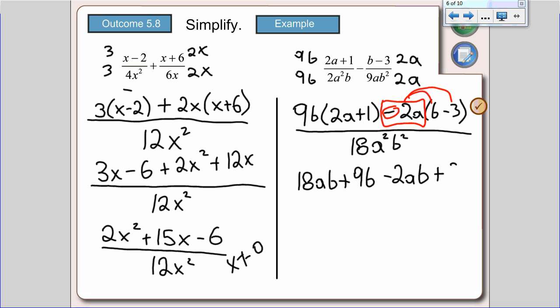The negative has to go with it. That's the only way you can get rid of the brackets. If you didn't put the negative in with it, the brackets don't go away, which means we're not ready to combine like terms. And it's divided by 18 a squared b squared.